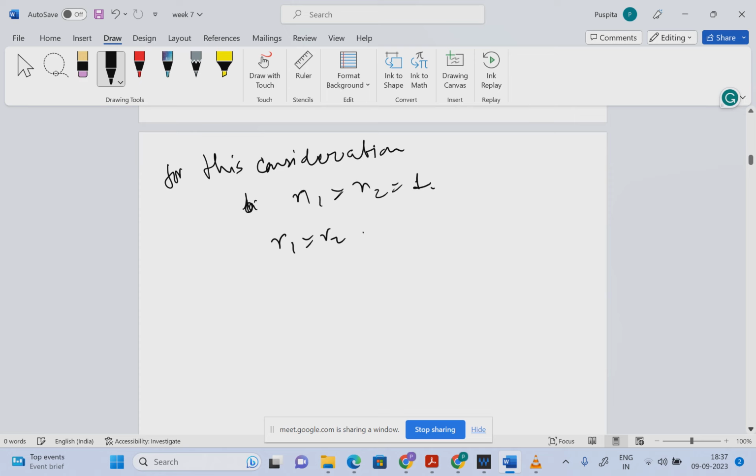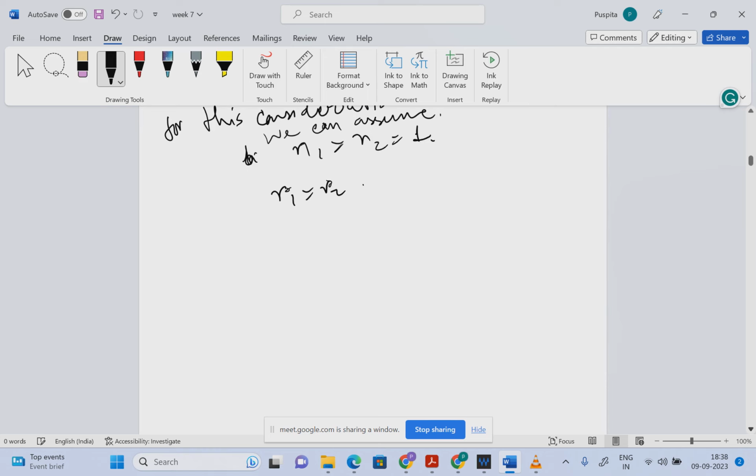But for general consideration, N1 and N2 will not be same because in a laser there will be a gain medium, so N2 will be different. That's why we are taking R1 and R2 as different.